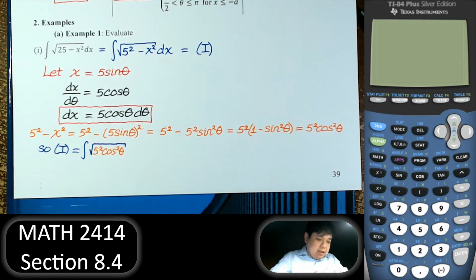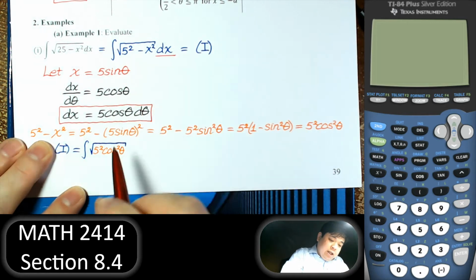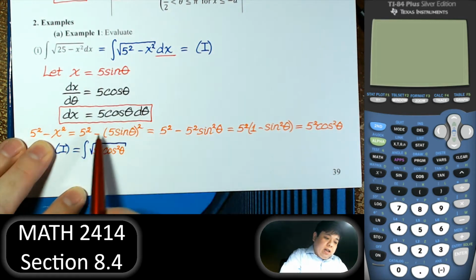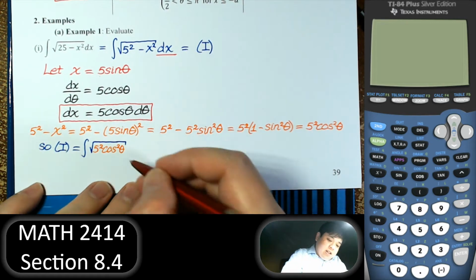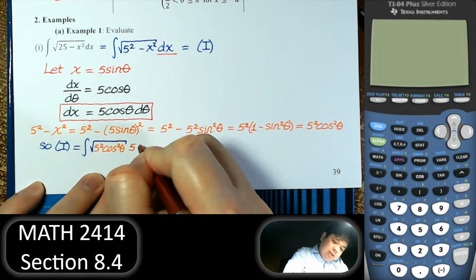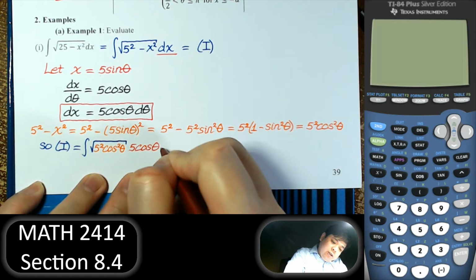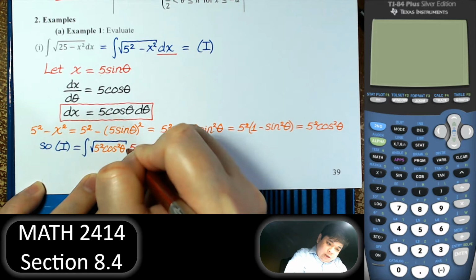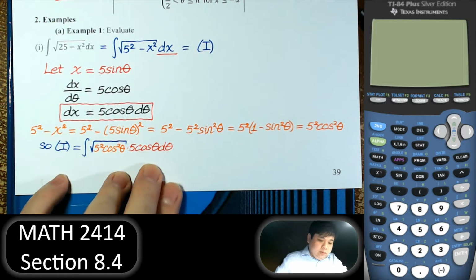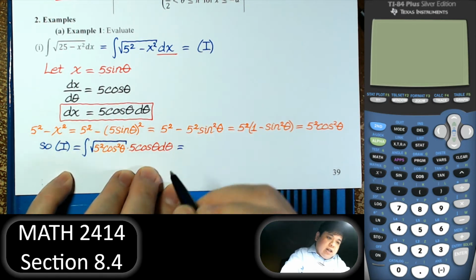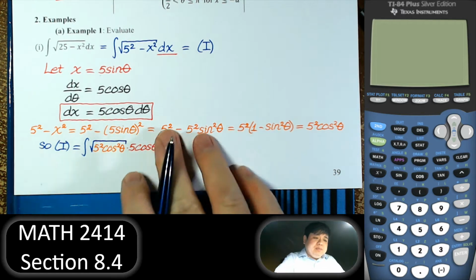And then the dx is 5 cosine theta d theta. And here is a subtle thing, though.